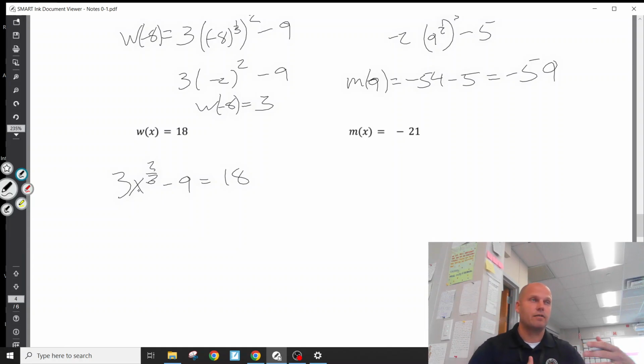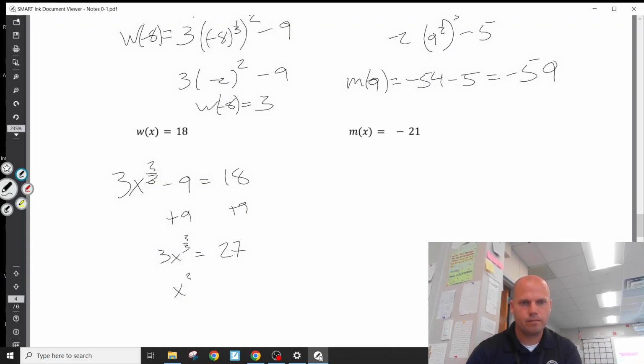Get rid of the 9, get rid of the 3, then get rid of the 2/3, because x is being taken to the 2/3, then times 3 minus 9. So we're reverse engineering, reverse order of operations. So we have, okay, add 9. Divide by 3.